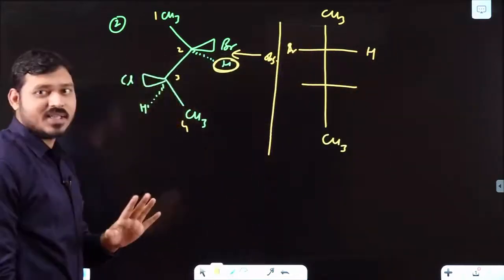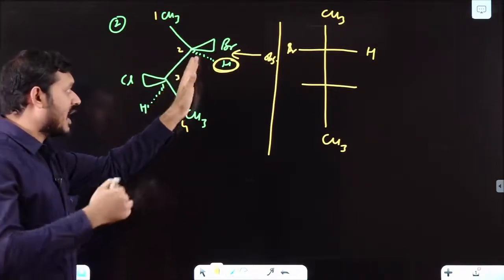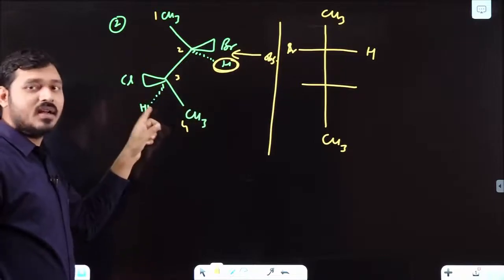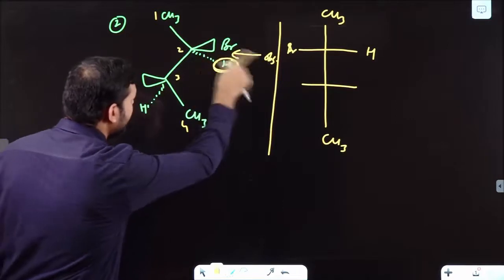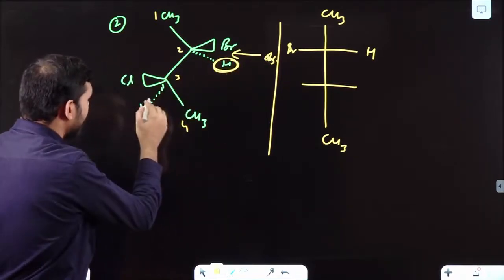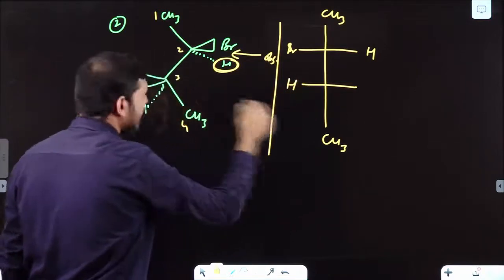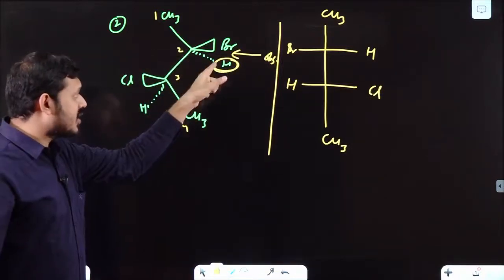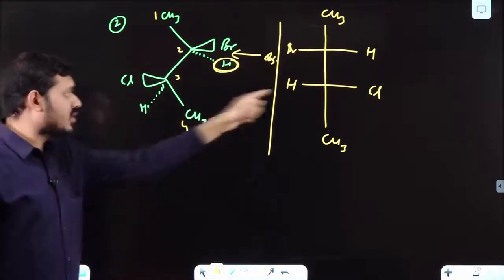Okay, what I said, the group on dash, if it is on the right side, place it on the right side. If it is on the left side, place it on the left side. So in this part, you can see this was towards the observer, but this is away from the observer. Now this hydrogen dash on this side, so here hydrogen this side and chlorine this side. Understood? I told dash group on right, so right. Dash group on left side, this side, so left.